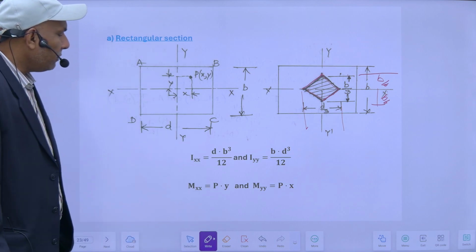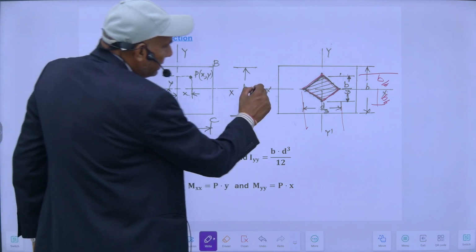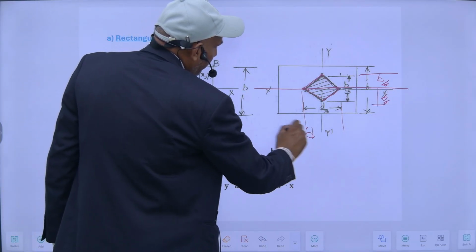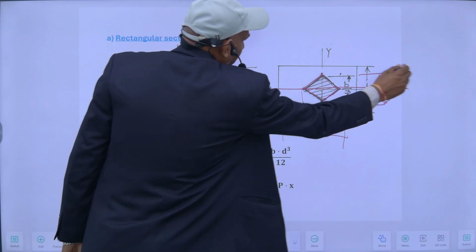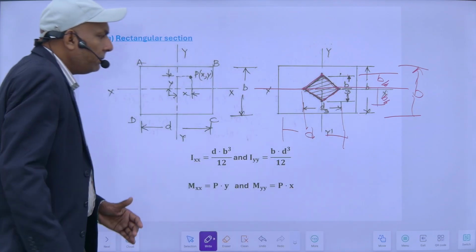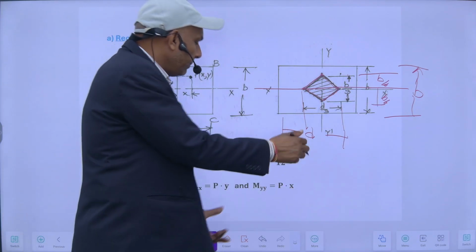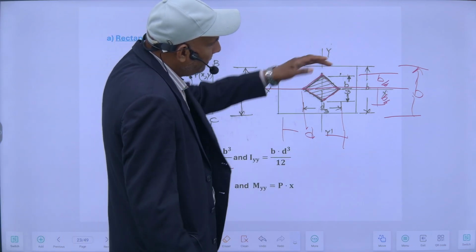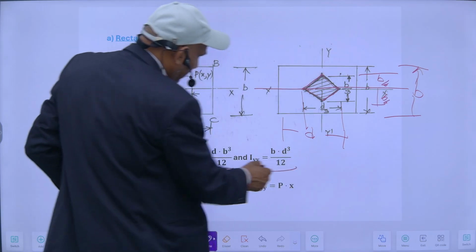So my moment of inertia about this x-axis, where this is D and this is B, will be BD cube upon 12, and about this y-axis it will be DB cube upon 12.